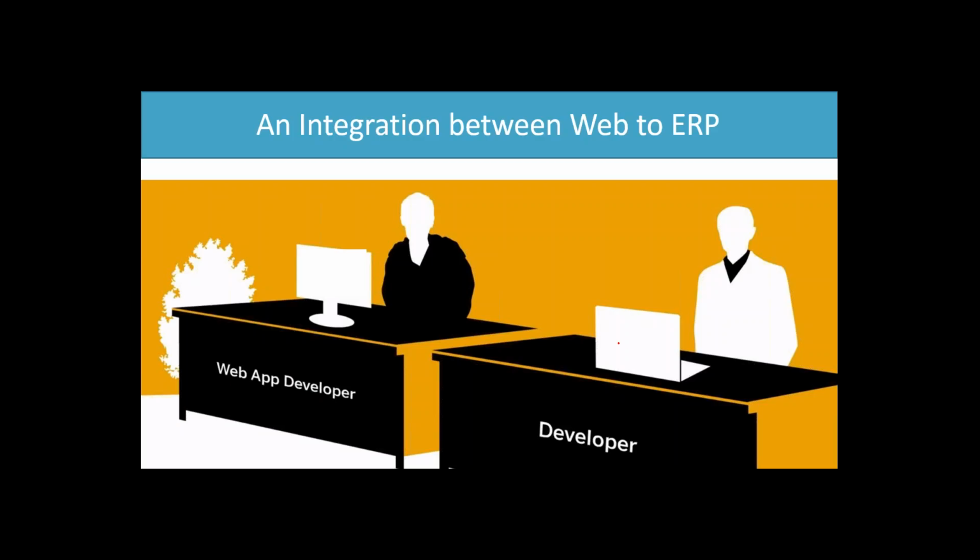So there is a back-end developer and a front-end developer, and the communication is done via OData. In a project, there can be separate people, or a single person who can handle both, my dear friends.